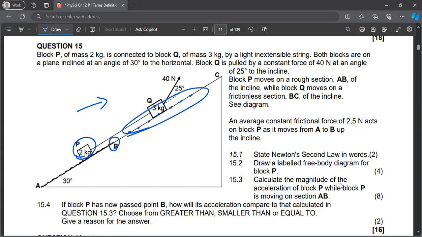The acceleration is going to be greater than the one we calculated. Why? It's because in the absence of frictional force, the net force is going to increase. So remember from Newton's second law, if the net force increases, the acceleration is bound to increase as well. Yes, so that will be your answer.